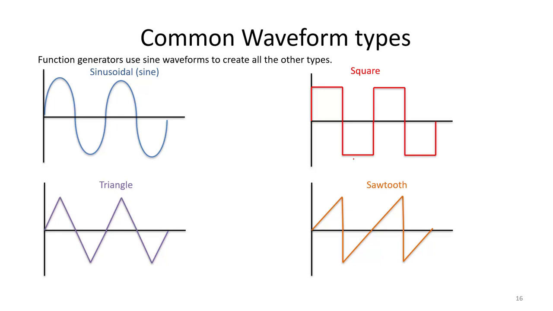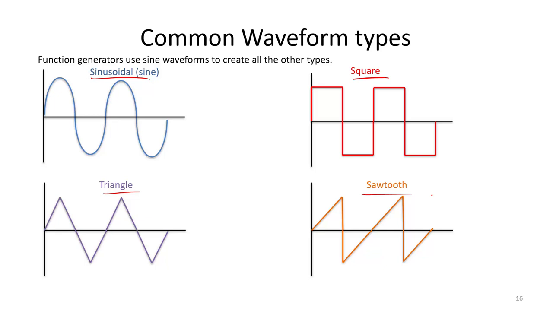So first common type is sinusoidal. And function generators actually create all the other waveforms using a sinusoidal function as its input. So by using constructive interference between multiple sinusoids, it's actually possible to create square, triangle, and sawtooth waveforms.